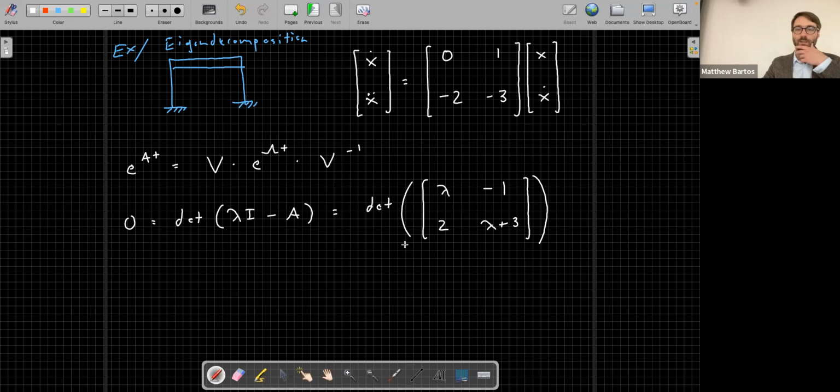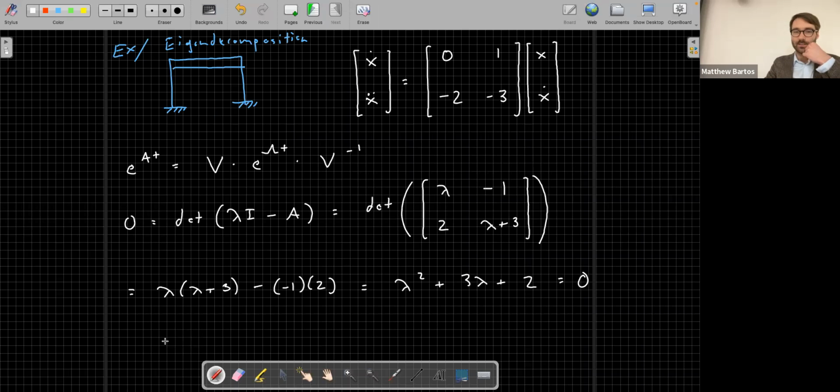Carrying out the determinant, lambda times lambda plus 3 minus -1 times 2 gives us lambda squared plus 3 lambda plus 2 equals 0.